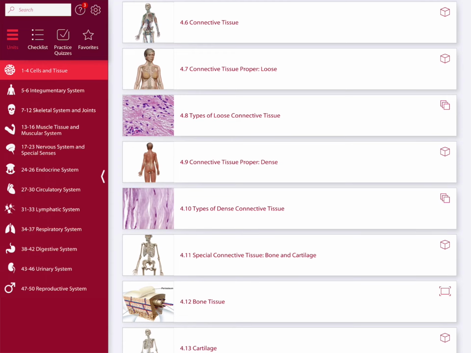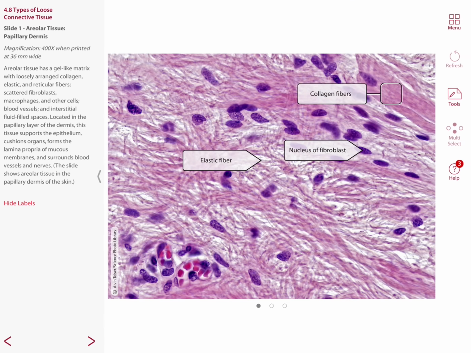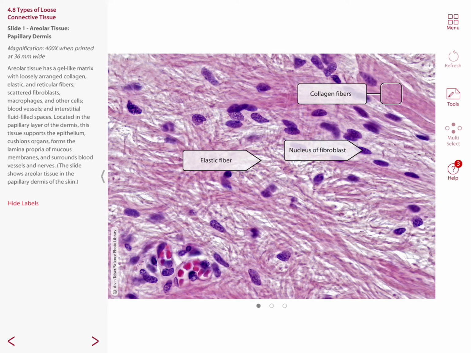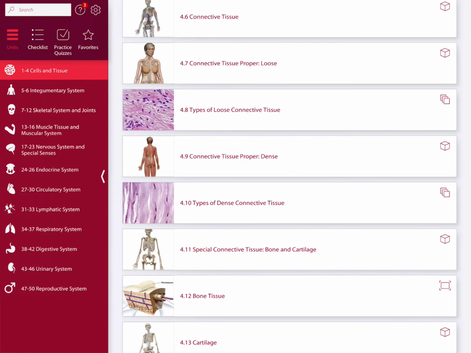And for mature, you're going to have, for example, the loose tissues, like this type of loose connective tissue that you see here. So for example, the areolar tissue, adipose, and reticular are classified as loose. In this one, you can see areolar tissue in the papillary dermis. Also, there's the dense, like the dense regular, dense irregular, and elastic.